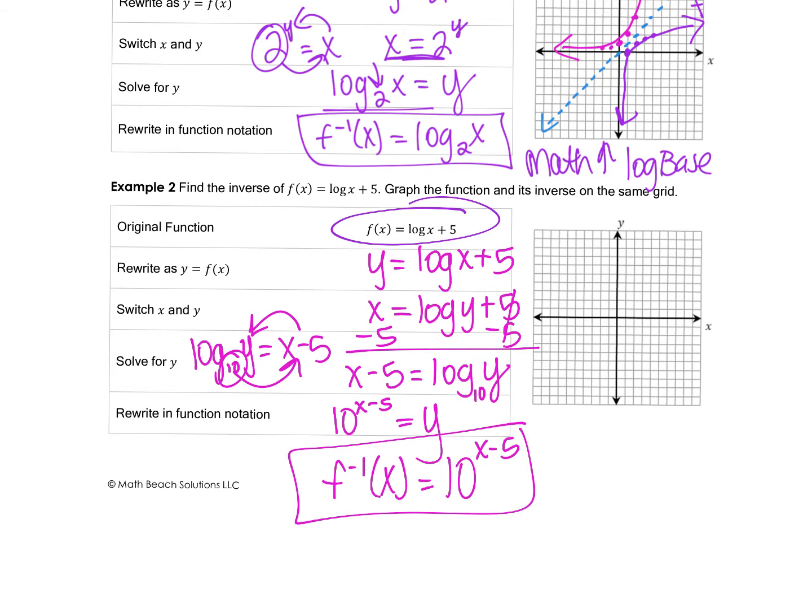Points would be 1, 5; 2, 5.3; then 5.4, 5.6. So there's my log, that's my original f.